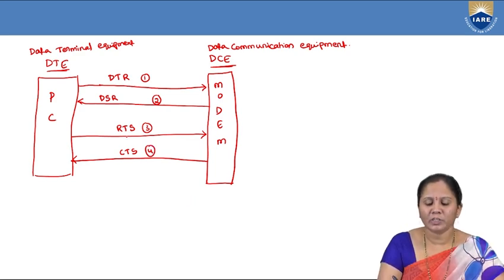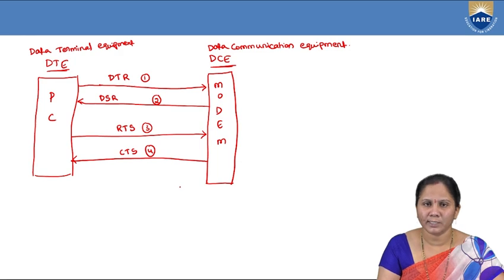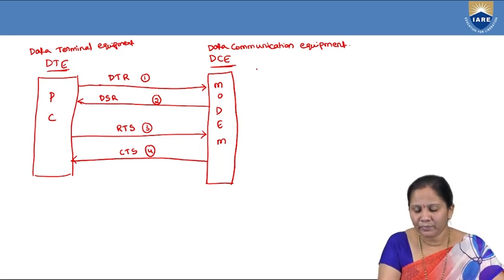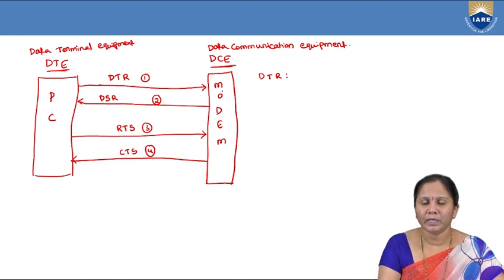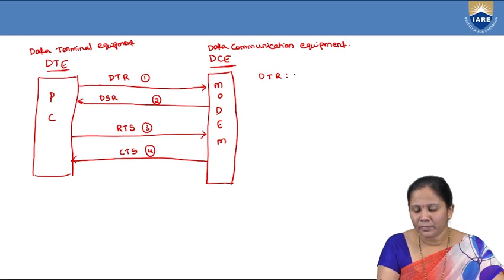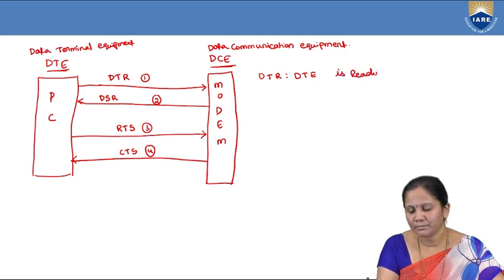So what is the function of these four signals? The first signal is DTR. When this signal DTR is sent from the PC to the modem, it indicates that the DTE is ready for communication.